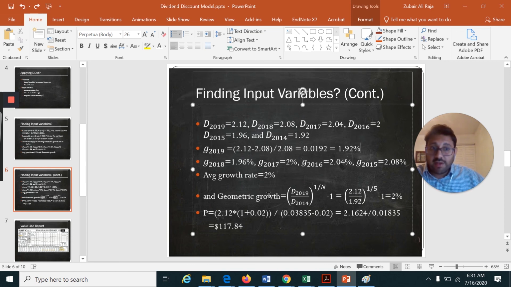Now there is another way to find the geometric growth, and many analysts simply find the growth rate of the dividend using the geometric growth rate model or formula.